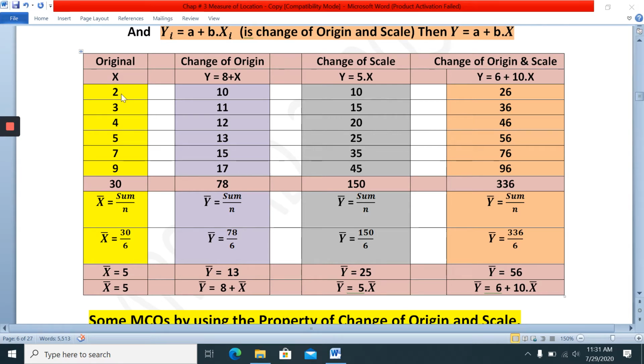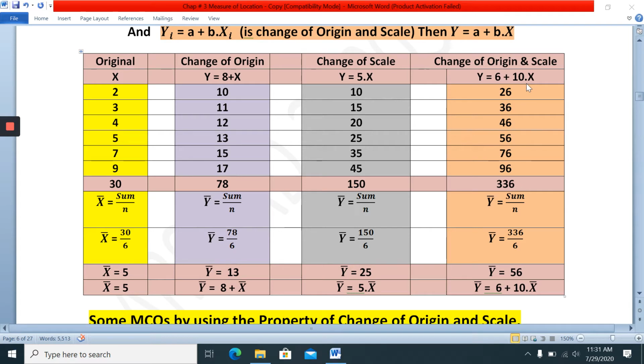So 10 times 2, 20. 20 plus 6, 26. 10 times 3, 30. 30 plus 6, 36. 10 times 4, 40. 40 plus 6, 46. 10 times 5 is 50. 50 plus 6, 56, and so on. So these are the new numbers of y, which we got according to this 6 plus 10 times x.